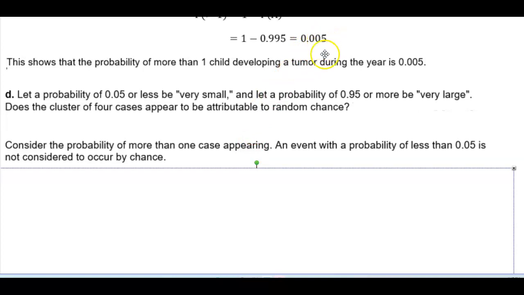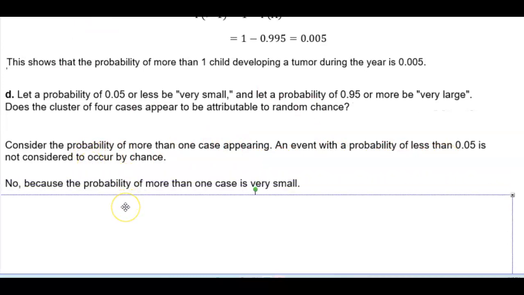And that value is less than 0.05, which means it's very small. That means an event with a probability of less than 0.05 is not considered to occur by chance. So we would say no, because the probability of more than one case is very small.